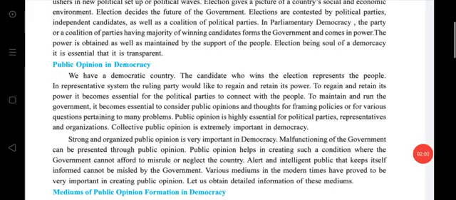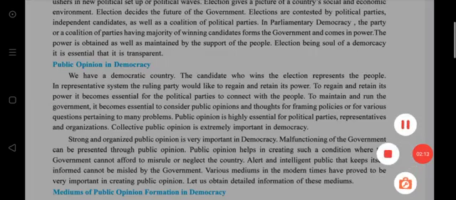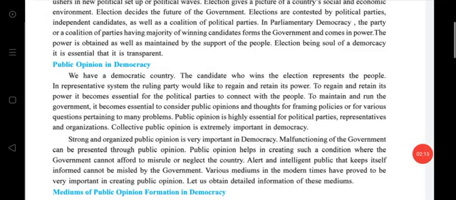Then public opinion in democracy. That is most important, because in a democratic country and in a democratic system, the government is chosen by election. So in election, public opinion is the most important. In the second para, you can see that a strong and organized public opinion is very important in democracy.